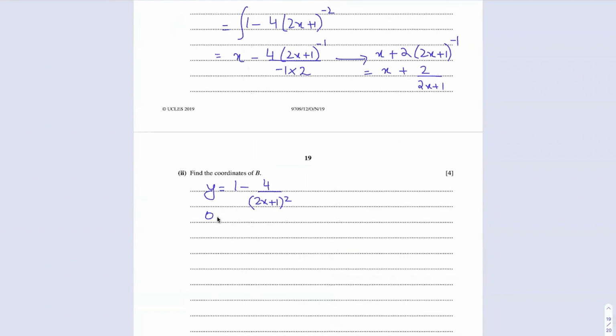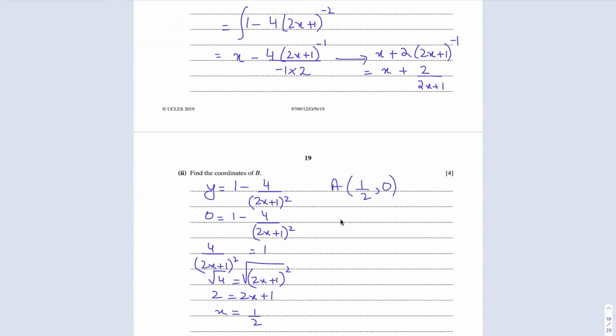So we can substitute 0 over here to get the coordinates of A. So this will become 4 upon (2x + 1) whole squared equals 1. Cross multiplying, we will get 4 equals (2x + 1) whole squared. Taking square root on both the sides, this will become 2 equals 2x + 1. So x equals 1 upon 2.